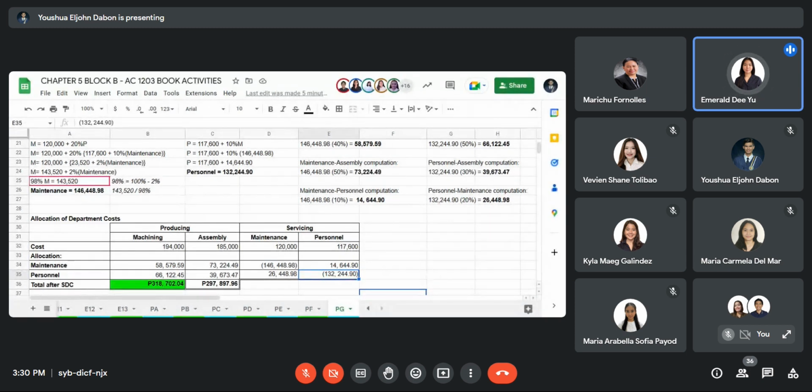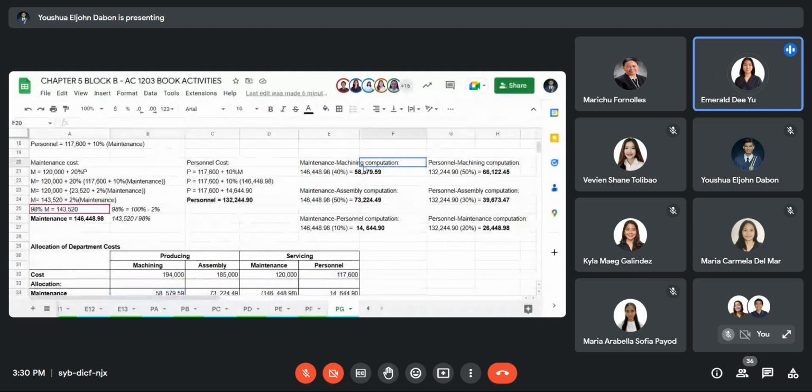Again, 132,244.90. To get the maintenance machining computation, we multiply the maintenance cost with the given percentage, which is 40%, and we will get 58,579.59. To get the maintenance assembly computation, we multiply the maintenance cost with the given percentage, which is 50%. So maintenance assembly is equal to 73,224.49.